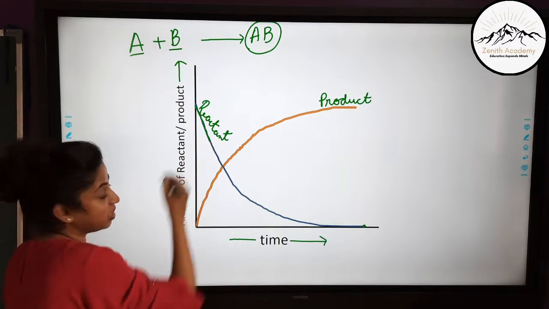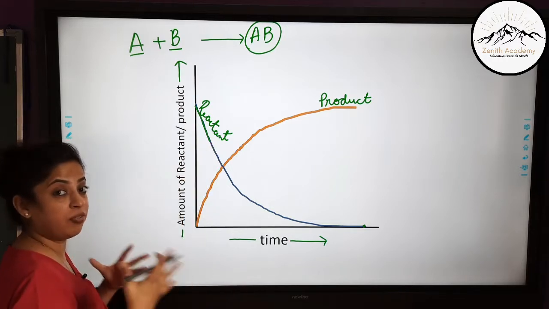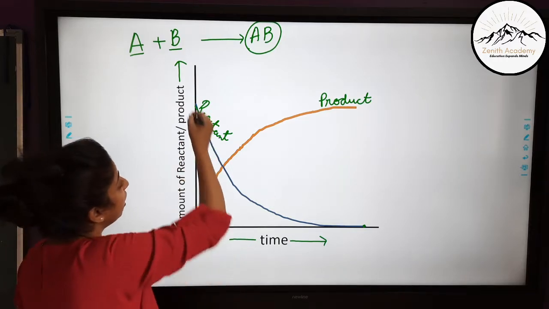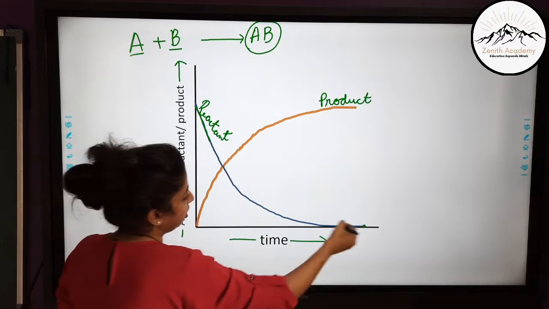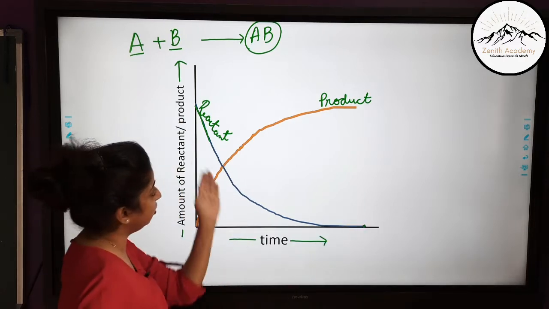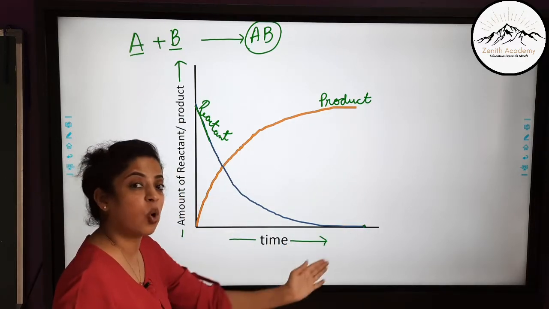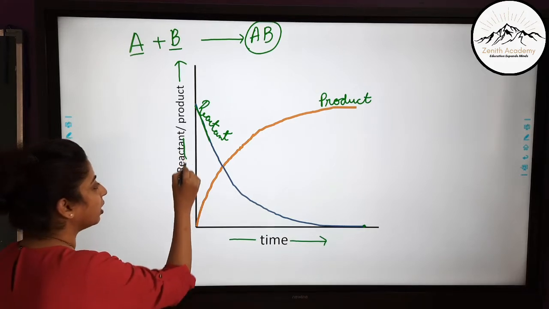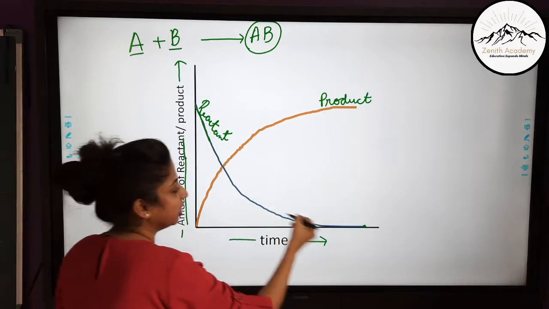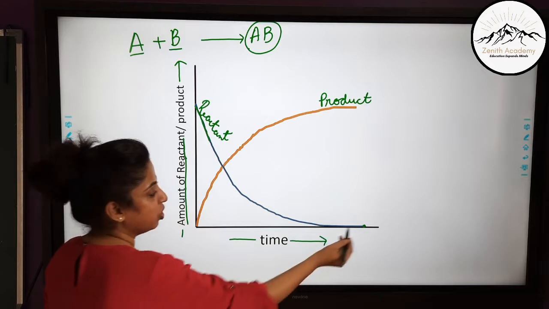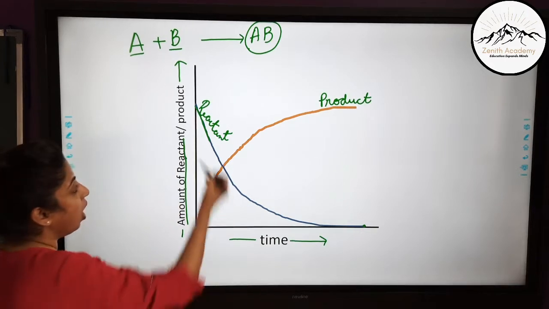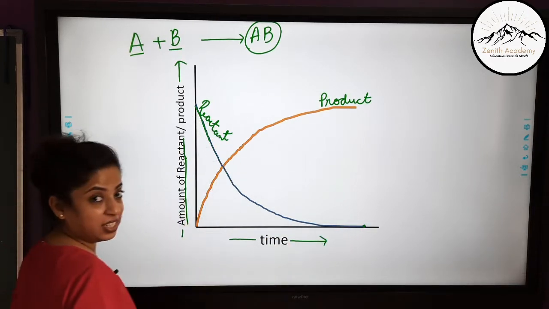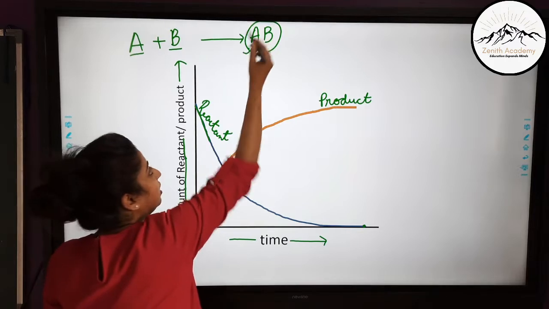Initially this is very steep, showing that the reaction is very fast, the rate is very high in the beginning, then it slows down, and then finally the concentration, or you can say mass or volume, or in general terms the amount of reactants decreases and becomes 0. Now as the reactant is decreasing, the amount of product is increasing.